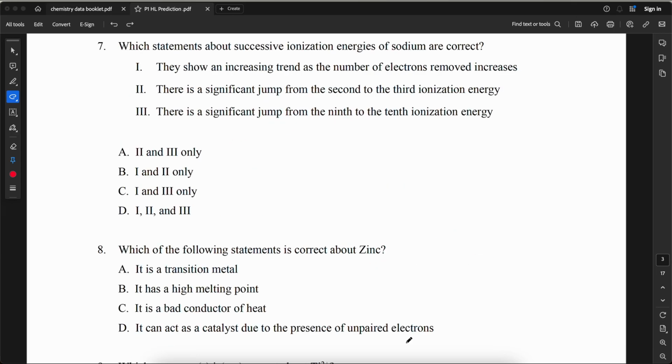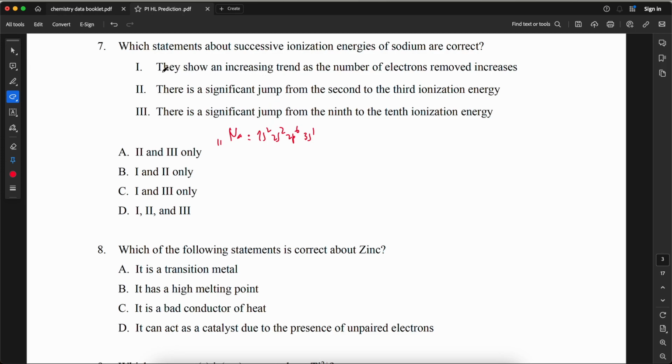Which statements about successive ionization energies of sodium are correct? Sodium with the electron number 11, the electron configuration will be 1s2, 2s2, 2p6, 3s1. So a significant jump is expected after removing 1 electron from 3s1, from the first ionization energy to the second ionization energy, and another jump is expected after removing 1 electron from 2p6, from the 9th ionization energy to the 10th ionization energy.